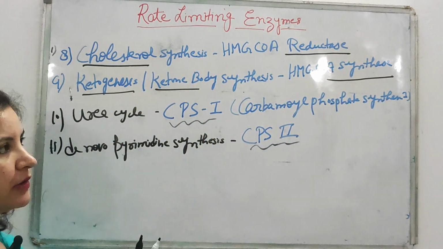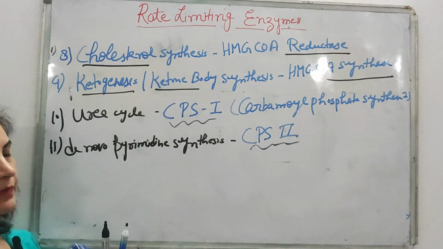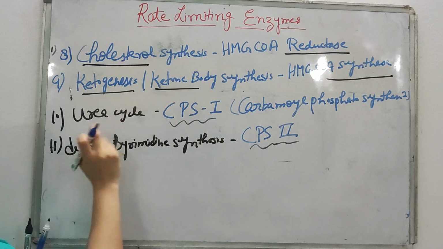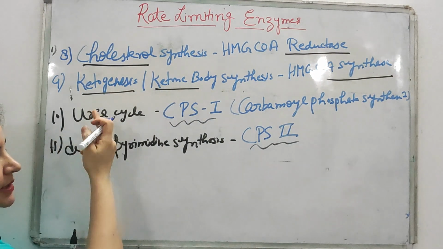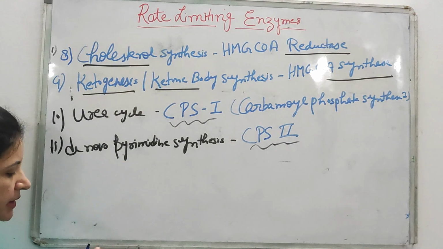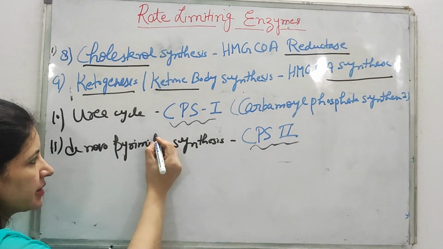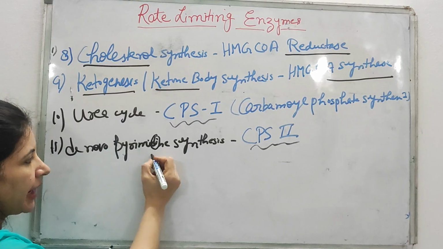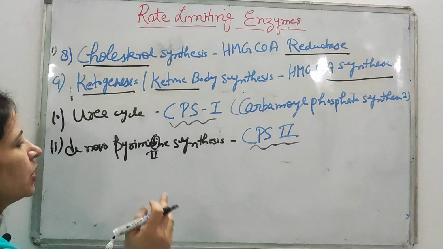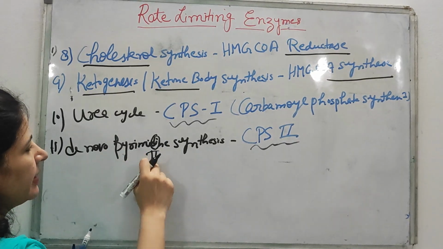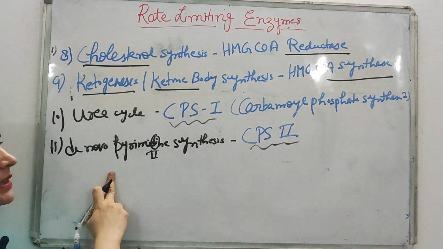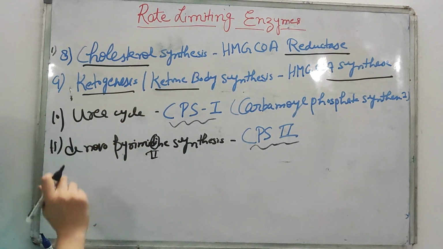In another video, we will share that difference. Now the trick to remember: CPS1 is the rate limiting enzyme of the urea cycle, and CPS2 is for pyrimidine synthesis. Di means 2, so pyrimidine is like 2. So CPS2 is for pyrimidine synthesis, while CPS1 is for the urea cycle.